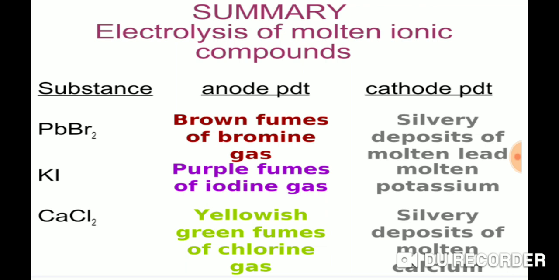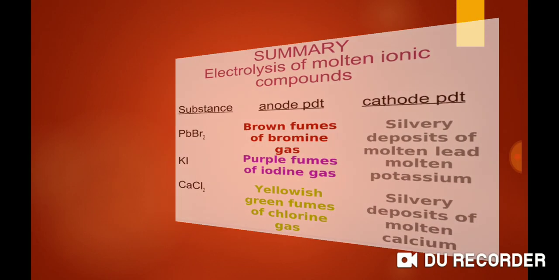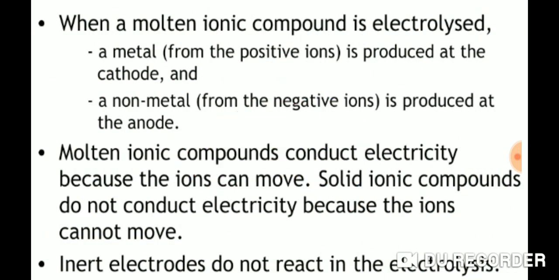So calcium chloride, when it undergoes electrolysis, gives yellowish green fumes of chlorine gas at the anode and a silvery deposit of molten calcium at the cathode. So when a molten ionic compound is electrolyzed, a metal is produced at the cathode and a non-metal is produced at the anode.